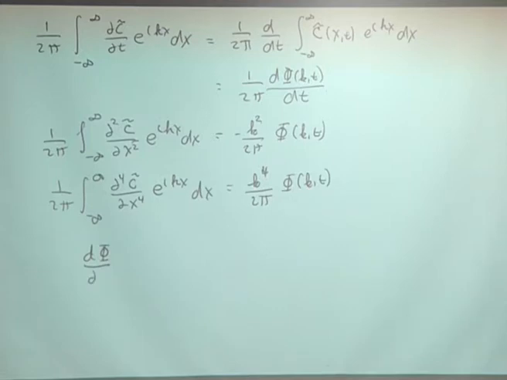The neat thing about Fourier transforms is that it has taken a partial differential equation and reduced it to an ordinary differential equation. So you got rid of the spatial derivatives and replaced them with constants k, basically the wave vectors k.